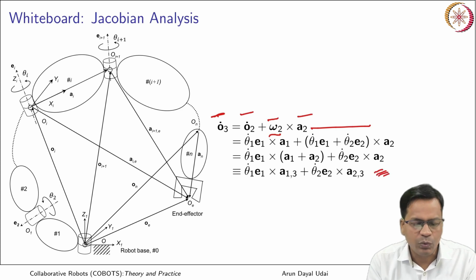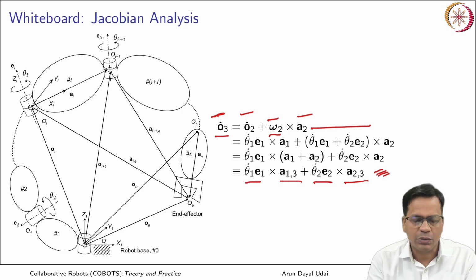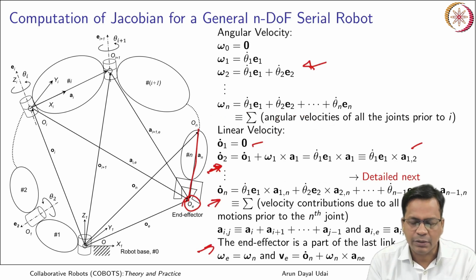So A2 3, that is from 2 to 3, frame 2 to frame 3. So this is how it is. If it is 3, it is 1 to 3 and 2 to 3, and these are the theta 1 dot and theta 2 dots. So this is how you keep doing, and finally for the n link it is like this.